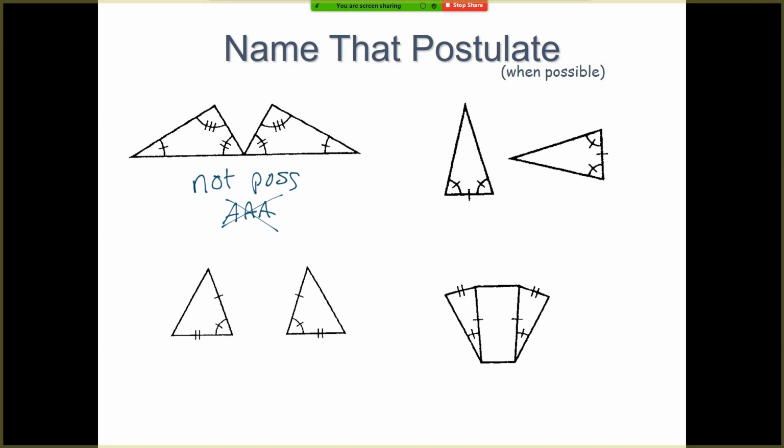For the top right, we have two angles and the included side. That is ASA, angle, side, angle. For the one in the bottom left, we have two sides and the included angle. Side, angle, side, SAS.